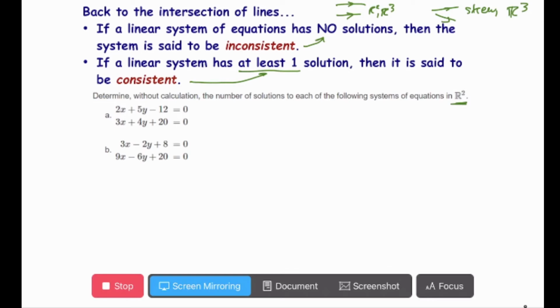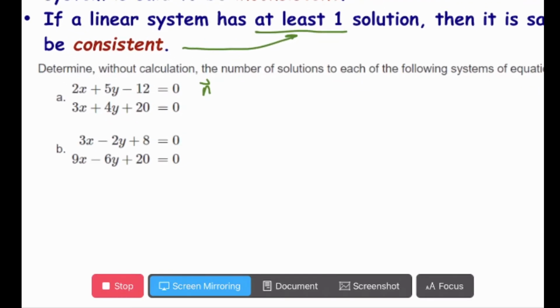So let's take a look at our 2 different lines given here in question A. How do I tell if they're going to be parallel? Well, we don't even need our actual direction vectors. We can just use our normal vectors. My normal vector for line 1 is going to be a comma b, so 2 comma 5.